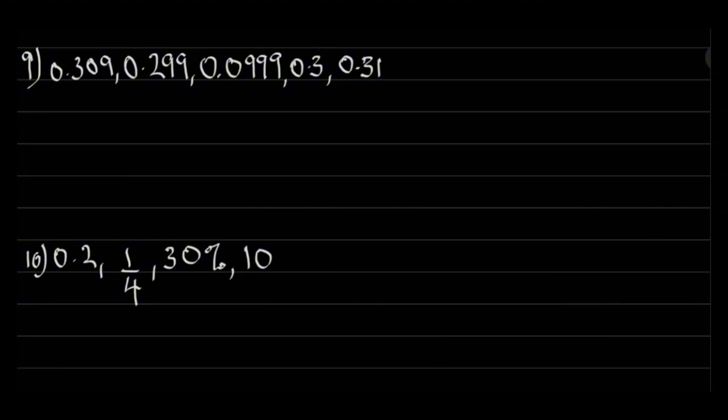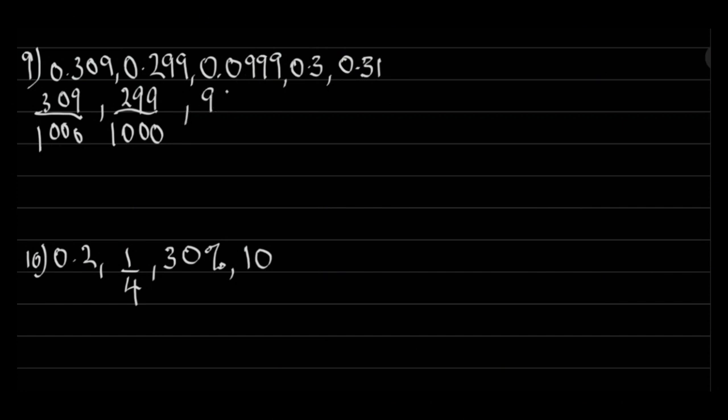So we have 0.309. Changing that to a fraction would give us 309 over 1000, since we count the number of decimal places: 1, 2, 3. Then we have 299, also over 3 decimal places, so over 1000.